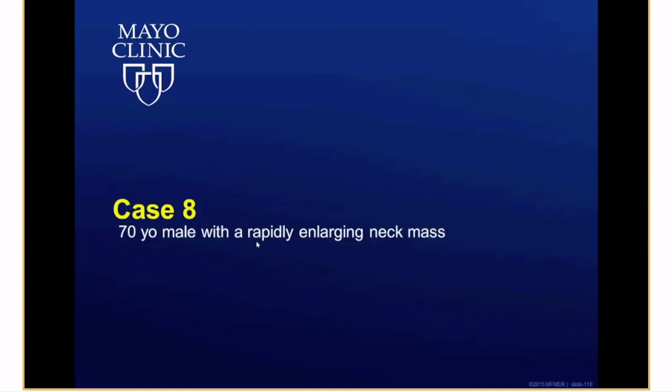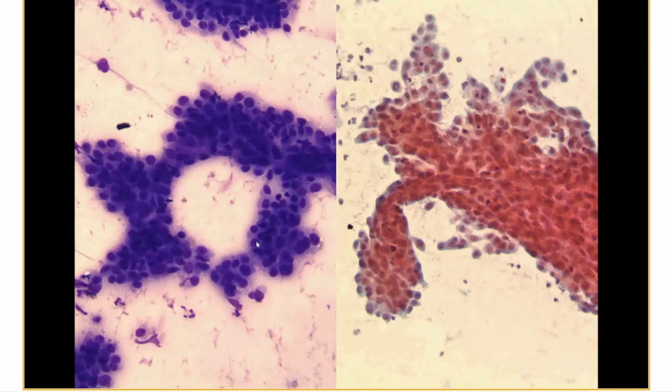Case number 8. This is a 70-year-old male, and he has a rapidly enlarging neck mass. On the Diff-Quik stain, you have the cells forming this cribriform architecture, and on the Papanicolaou stain, you have some papillary looking structures, and you can see the cells have abundant oncocytic cytoplasm, but they have a high degree of pleomorphism, very prominent nucleoli, mitotic figures, and I have some close-ups.